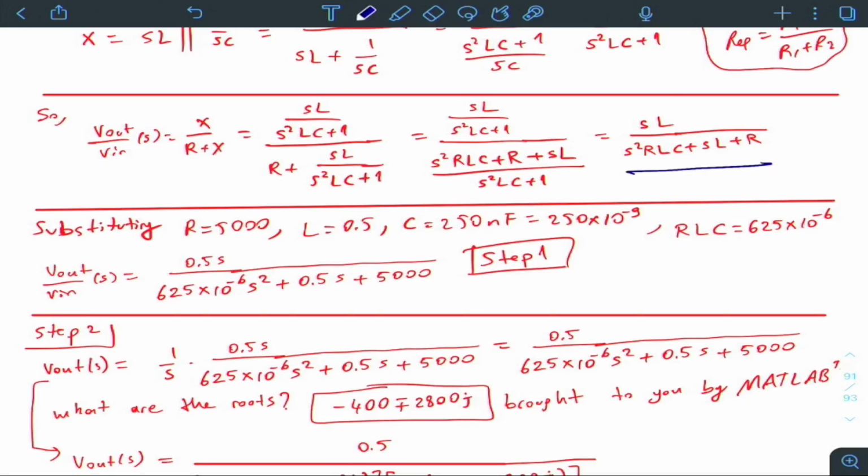And here we see RLC is 625 times 10 to the minus 6, right?